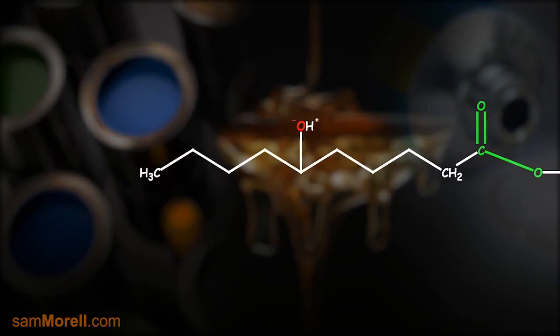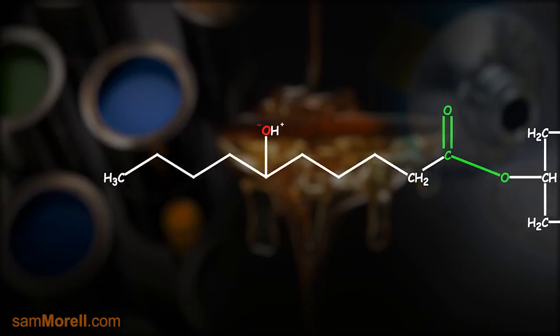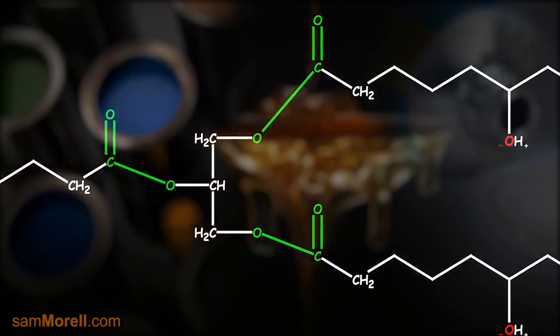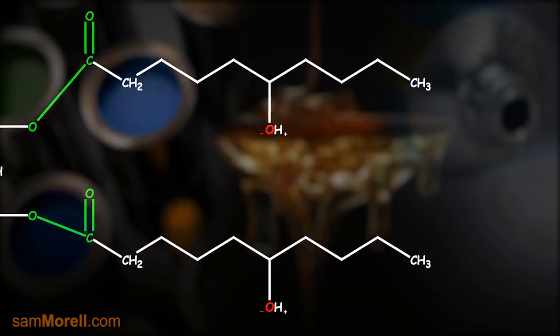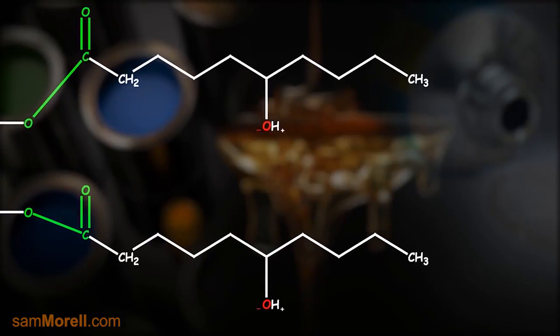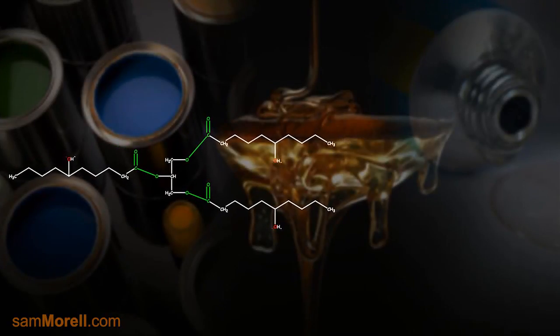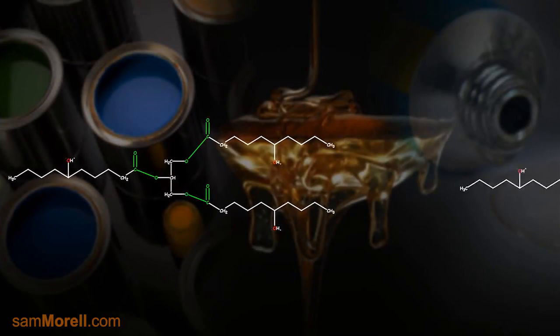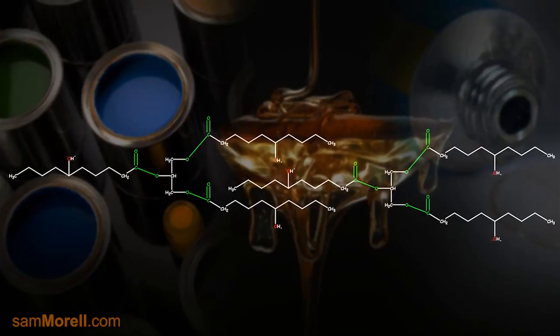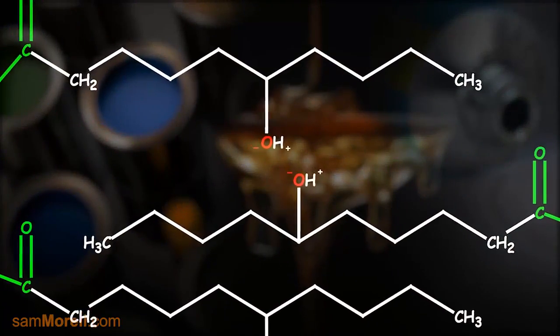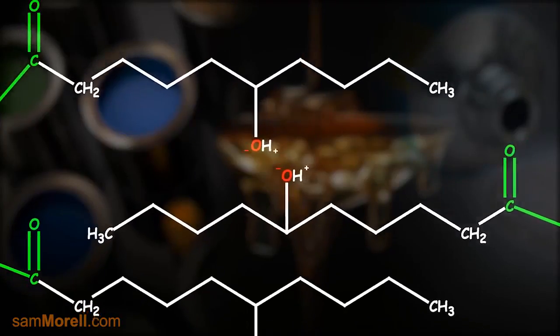In this configuration, we have a hydroxyl group on one end of the molecule, ester groups in the middle, and hydroxyl groups on the other end. The molecules congregate with each other to form needle-like structures, which in turn forms a network and develops morphology, a requisite for rheology.